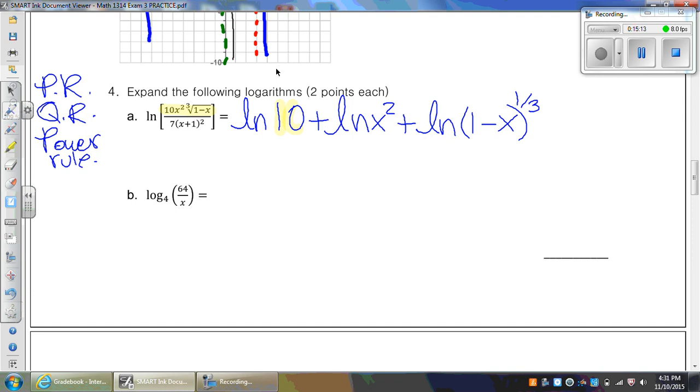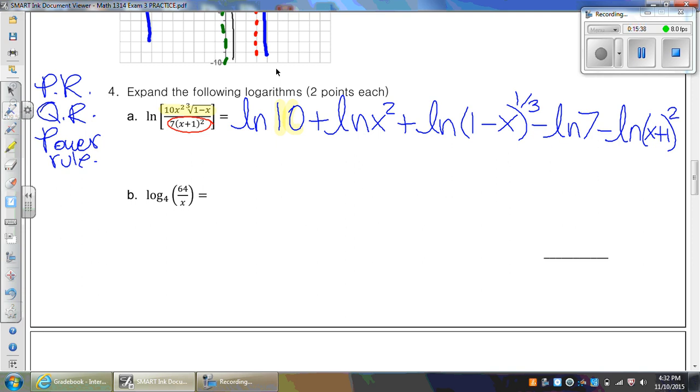Now on the bottom, remember I told you, stuff that we have here needs to have a negative sign in front of it, right? So it will be minus the ln of 7 minus the ln of x squared, x plus 1, and then square.